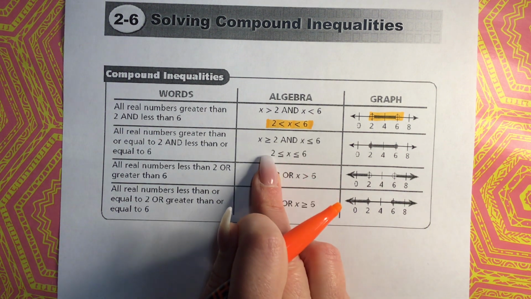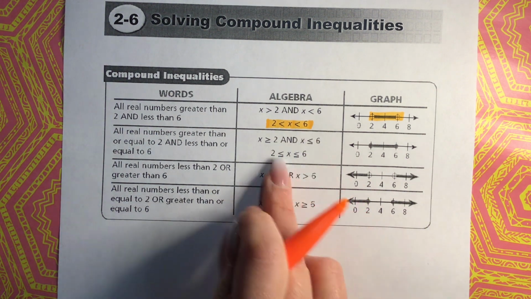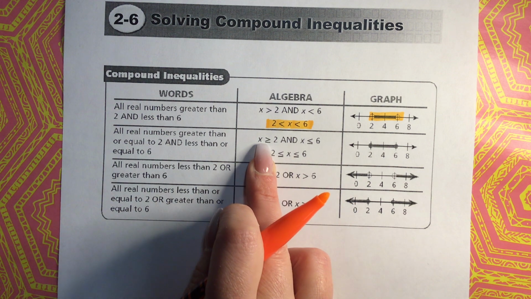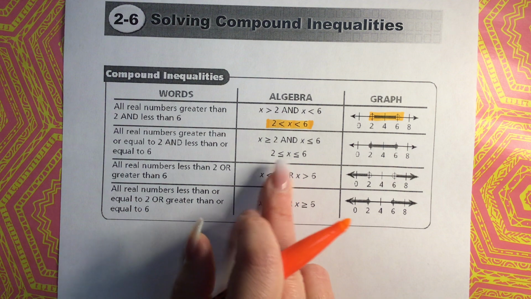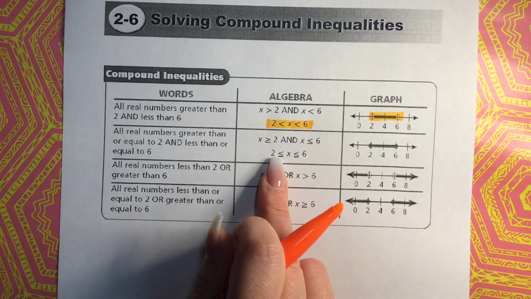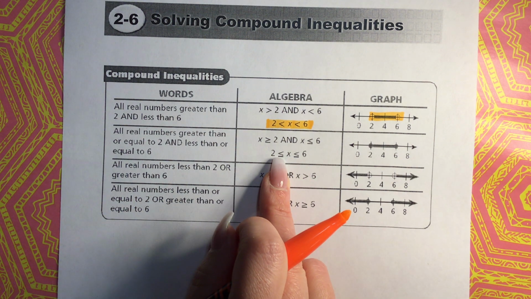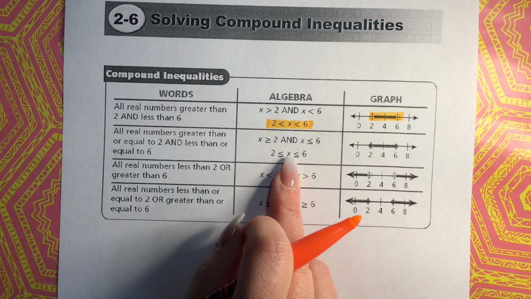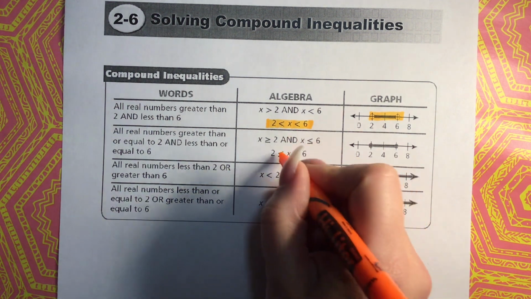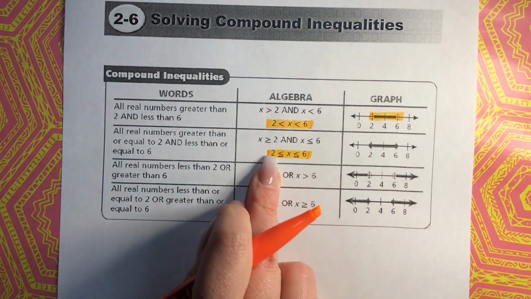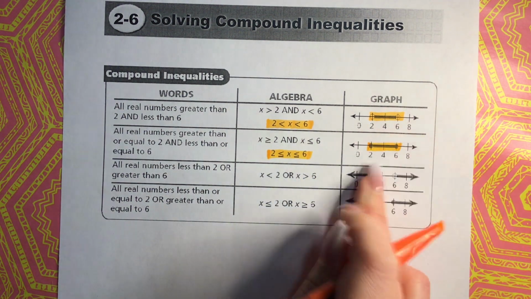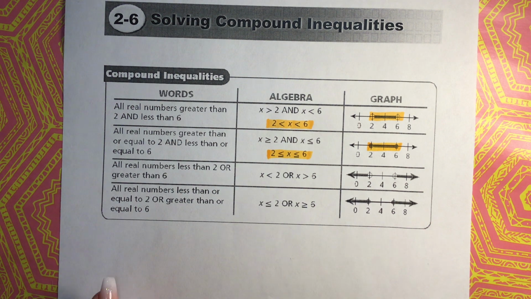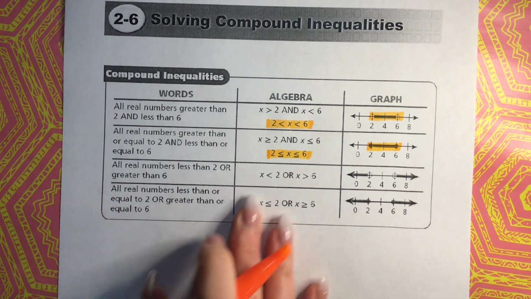You write the smaller number here, the bigger number here, with x in the middle, except this time x can equal 2 and it can equal 6. So we put those greater than or equal to and less than or equal to, okay? And notice it's that same shape, smaller number, bigger number, x in the middle, and here is that and shape once again.